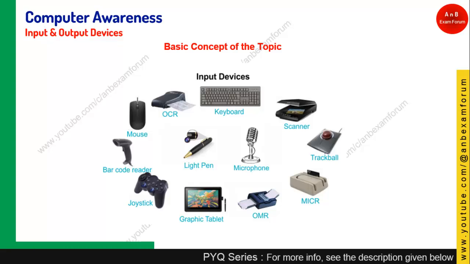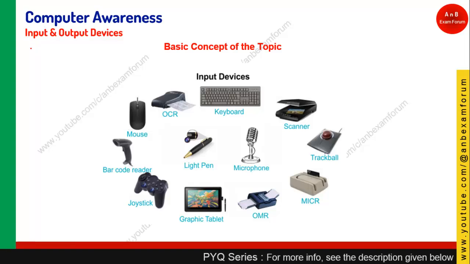Before going to the questions and answers, first you should know what input devices and output devices are. As I told you in the earlier session, input devices are used to enter data to the computer. There are various electronic devices.